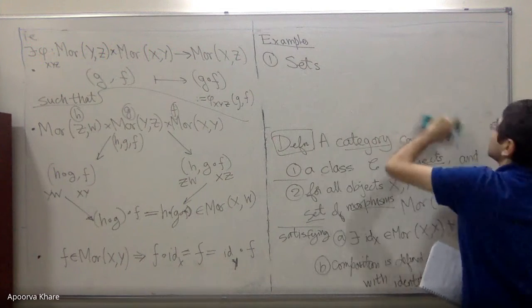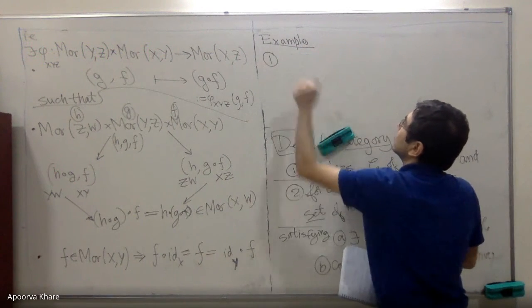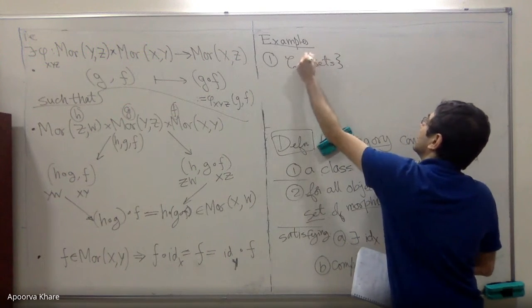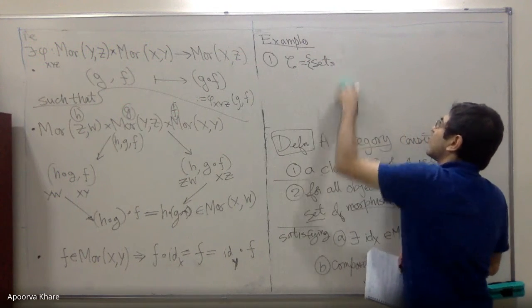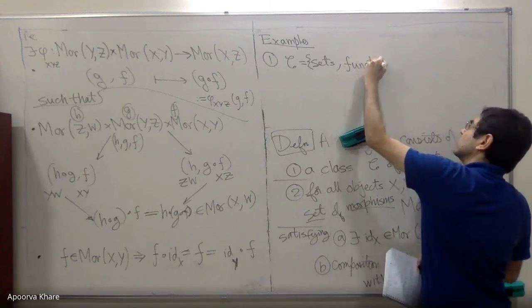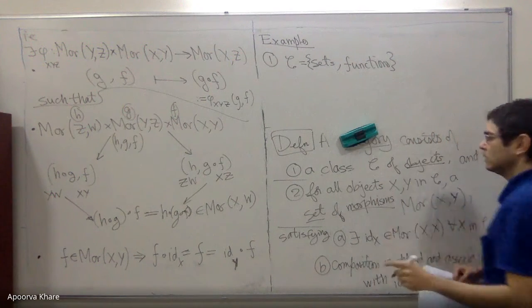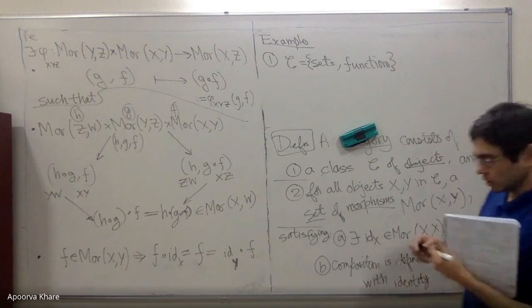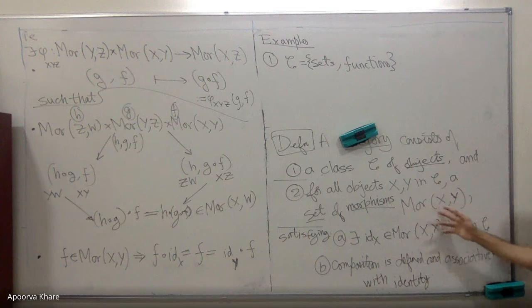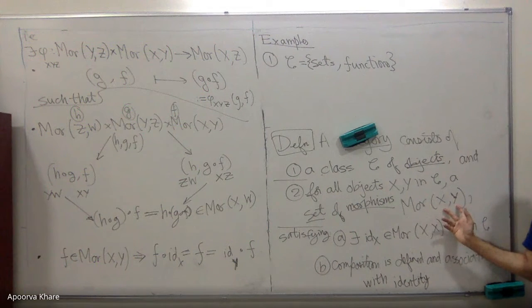So, category of sets. Sets are the objects and functions or maps are the morphisms. And then again, of course, you can talk of any two sets, non-empty sets, let's say.